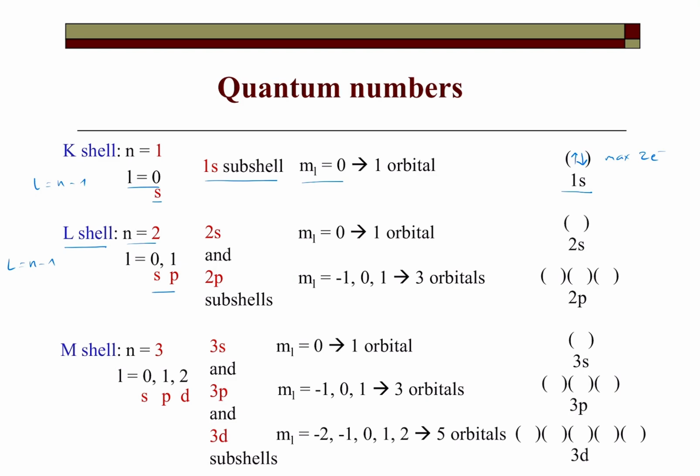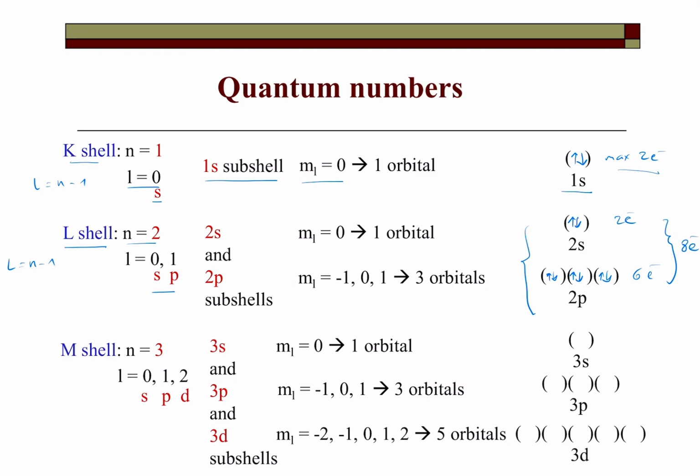Then I can write that in n equal 2 we have 2s and 2p. 2 electrons can be in s, and a maximum of 6 electrons we can have in p. Then in n equal 2 we can have a maximum of 8 electrons. Then we can say in the K shell we have a maximum of 2 electrons. In the L shell we can have a maximum of 8 electrons.